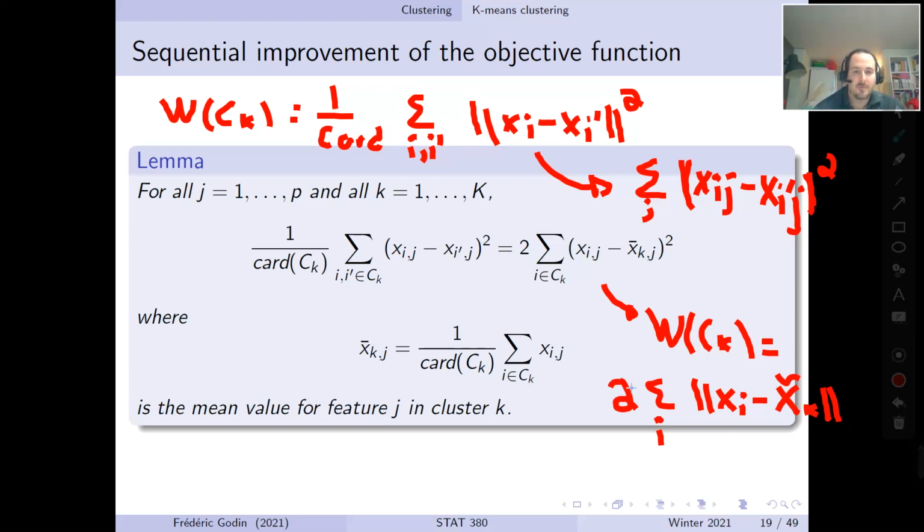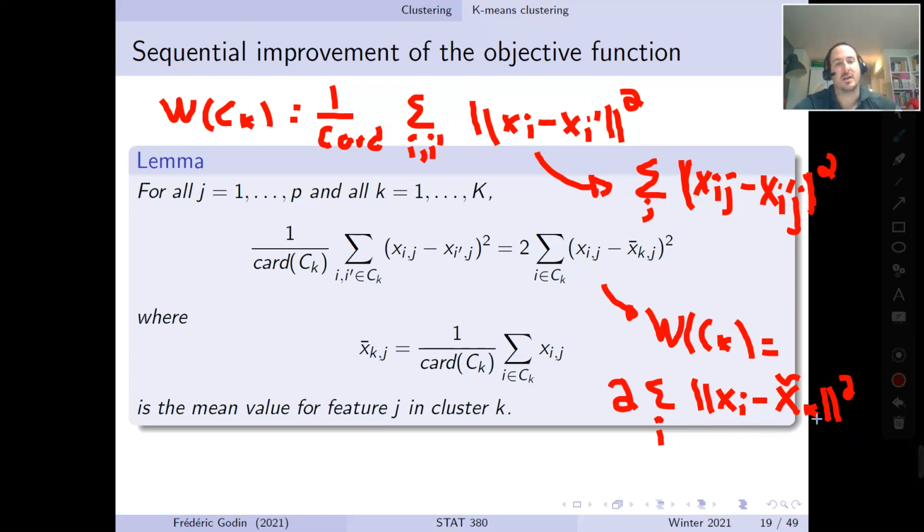Okay, so it's the centroid of the cluster. So it shows that the within cluster variation is twice the summation, for all observations within the cluster, of the distance between the observation and its centroid.